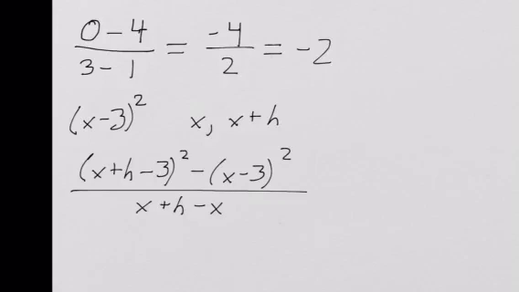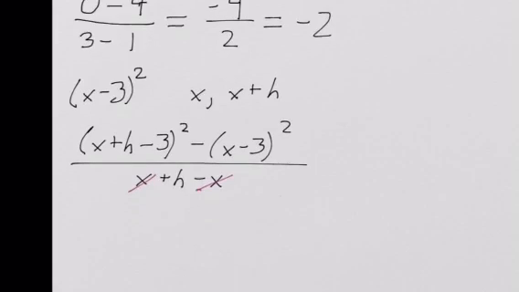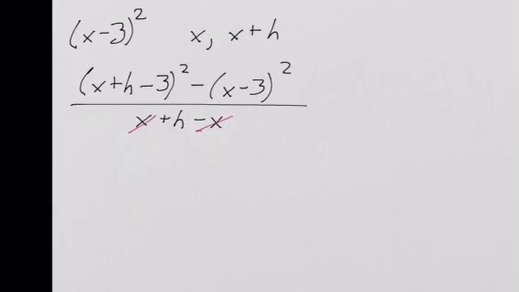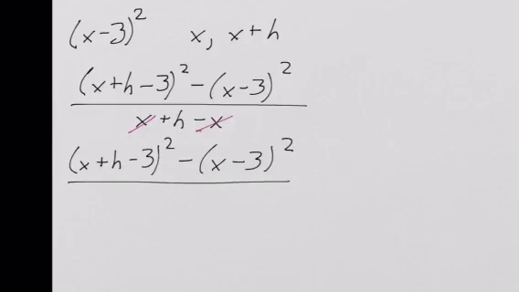And we'll note here that my x's in the denominator cancel out. So I'm now left with x plus h minus 3 squared minus x minus 3 squared over h.